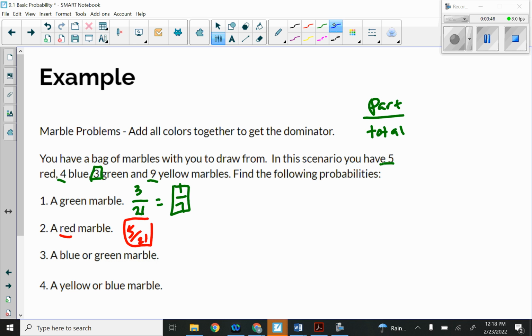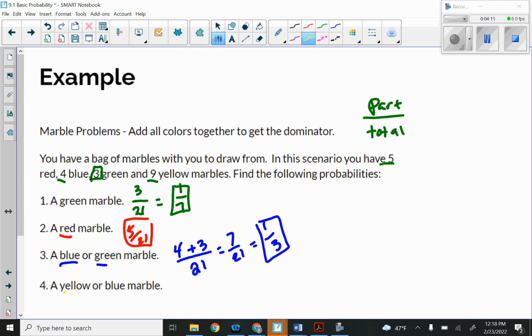A blue or green, well, there's 4 blue and 3 green, so that probability is 4 plus 3 out of 21, which is 7 out of 21, which is 1/3.